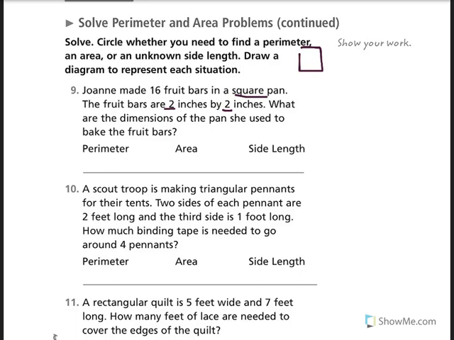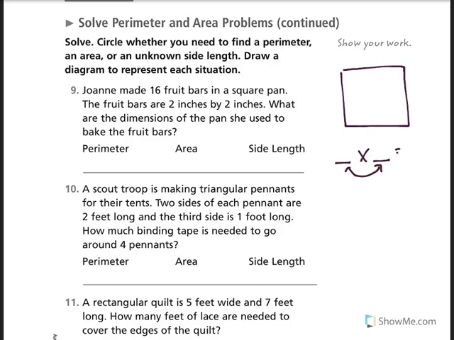Okay. So let's go ahead. I'm going to draw a bigger square here. If there's 16, then we have to ask ourselves what number times the same number equals 16.